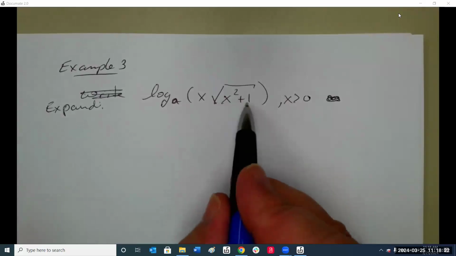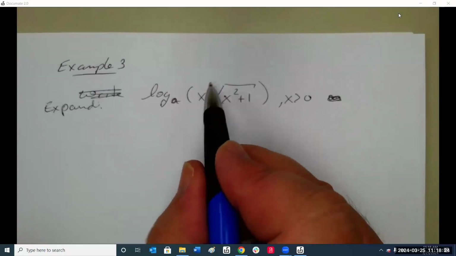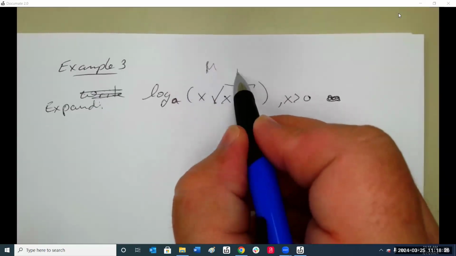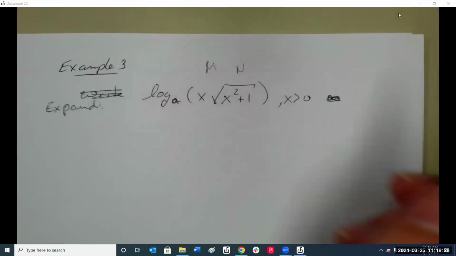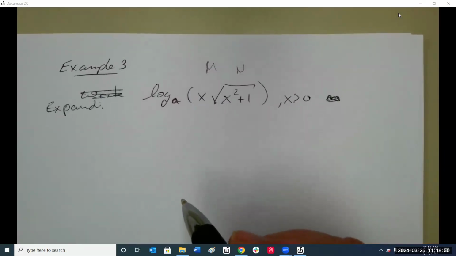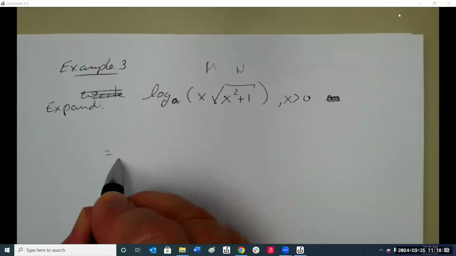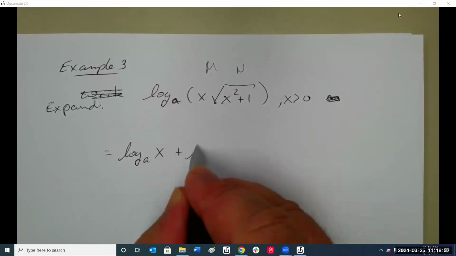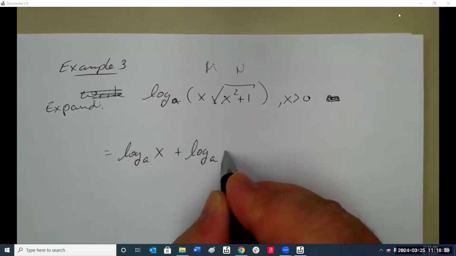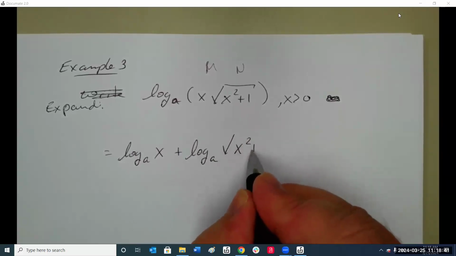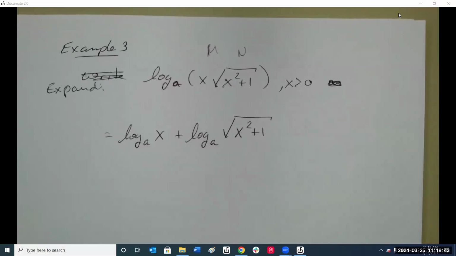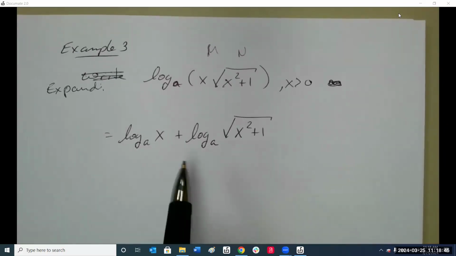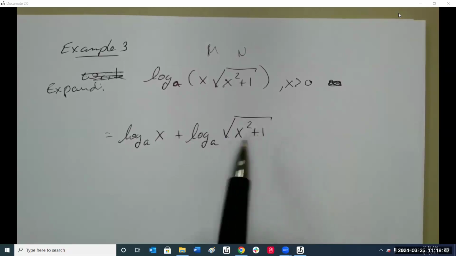It's a product, isn't it? This is the M, and this is the N. So what do you do when you have a product? So far, so good. Since it's a product, what do you do with the radical?